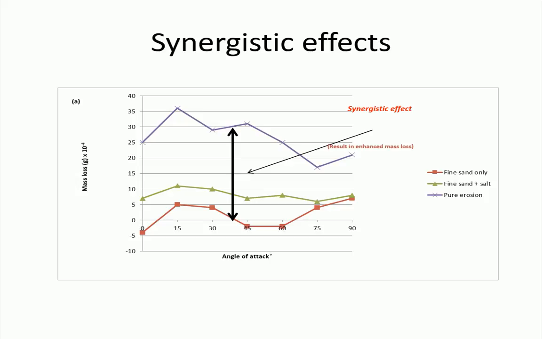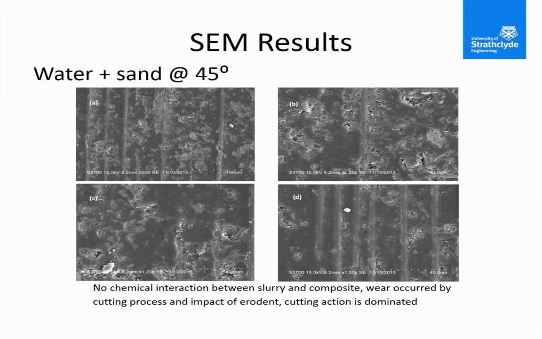What we did here is we subtracted the results from the material exposed to the seawater only, and from the situation where we had sand impacting the surface in the seawater conditions. We get very significant synergistic effects on the surface, identifying that the salt is having some effect on the mechanical attack on the surface.